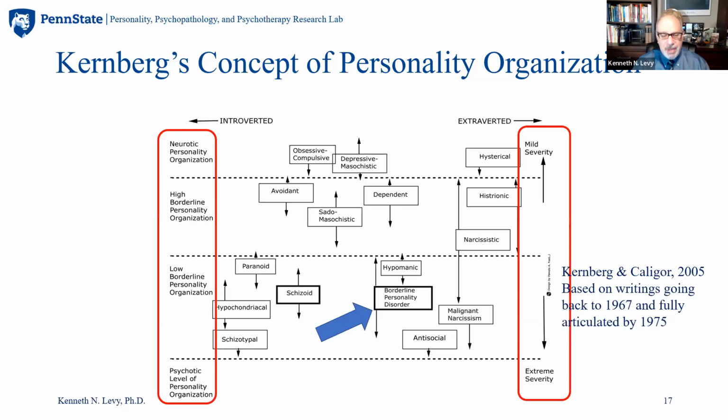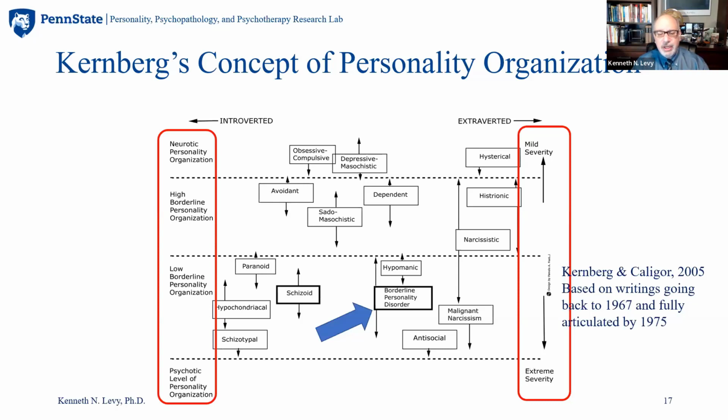Kernberg's model has many more different personality styles or personality disorders than the DSM Section 3 or even the DSM Section 2. What's interesting about this is that the alternative model is an empirically derived model for the most part, with some controversy, some emphasizing the negative personality traits and others the levels of personality functioning, which I think is akin to Kernberg's levels of personality organization.